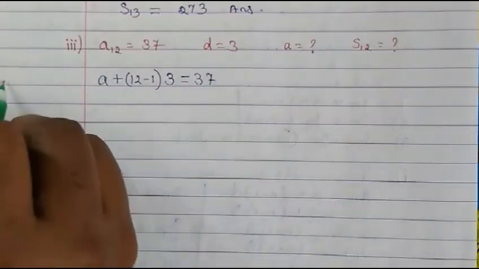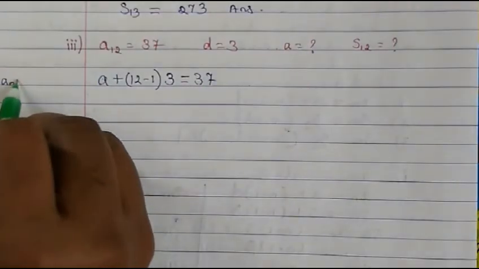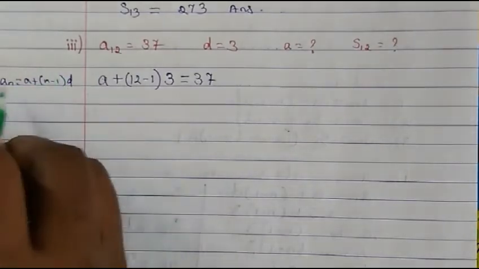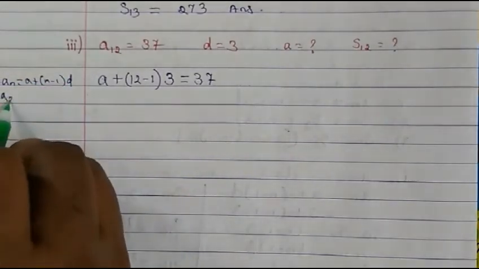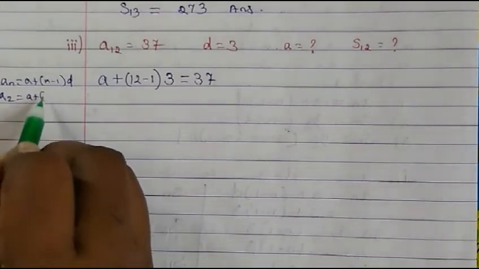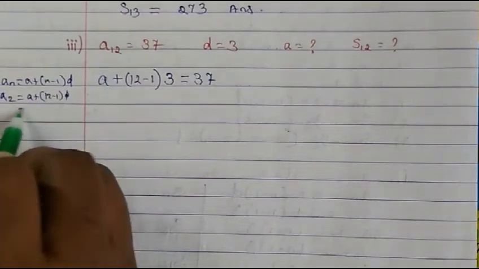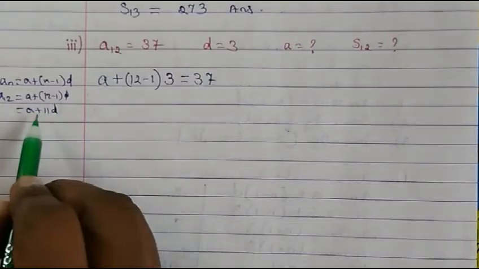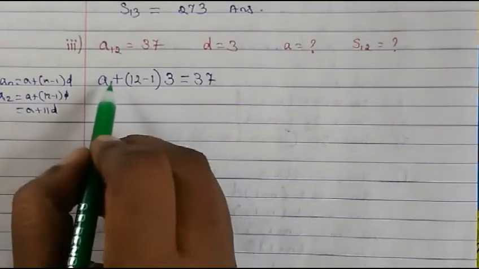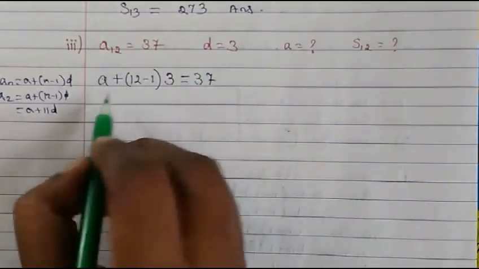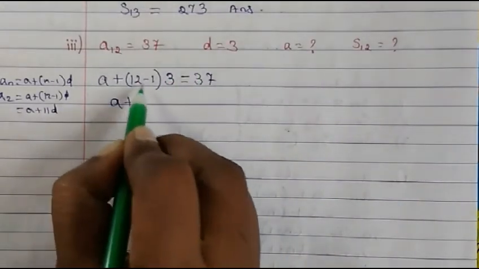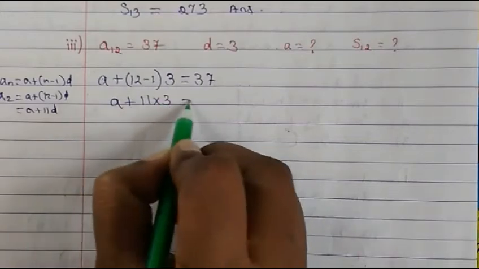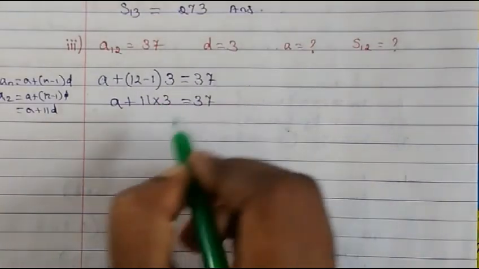I told you from the formula we write An equals a plus (n minus 1)d. So An is A12 here. So a plus (12 minus 1)d will give us a plus 11d. We don't know the a value, so we keep a as it is, plus 11 times d, where d is given as 3, equals 37.